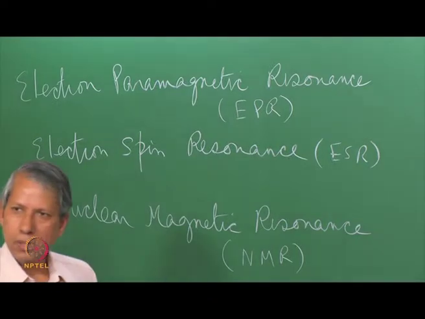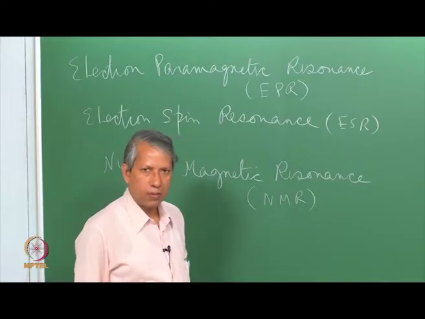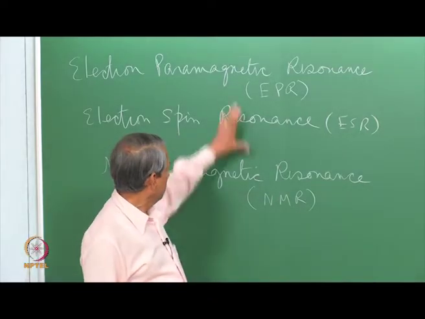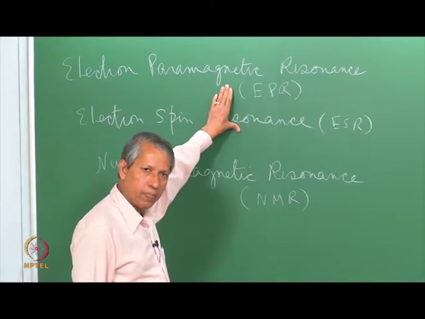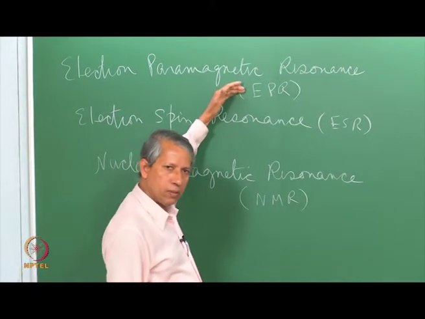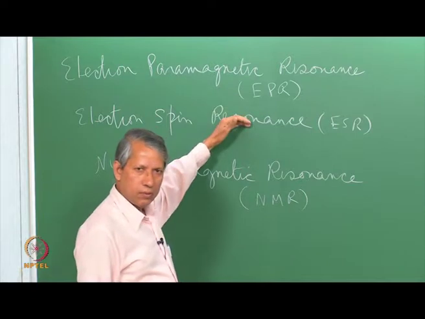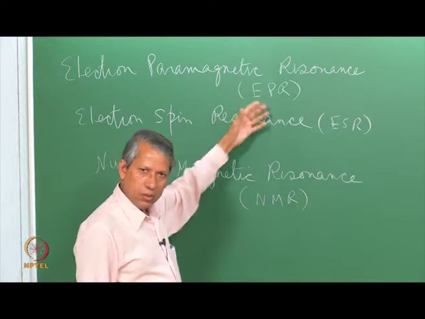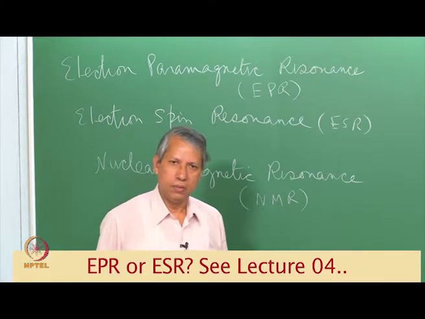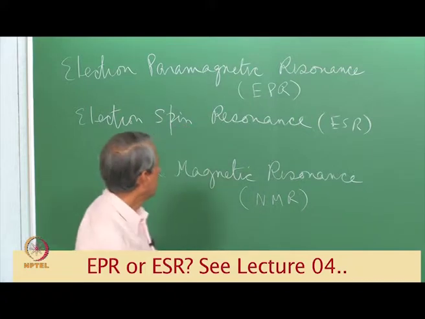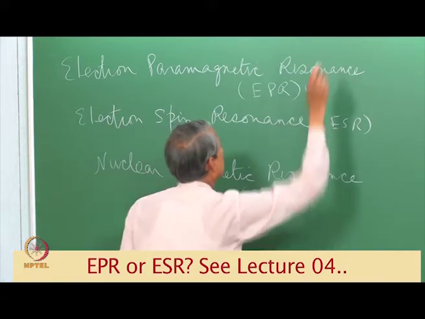Both are used in scientific parlance, but do they mean the same, or is one terminology better than the other? These things we will see later. Right now, let us stick to EPR.